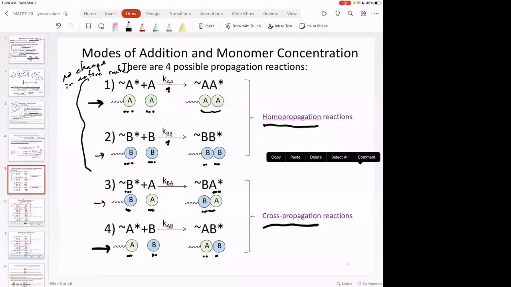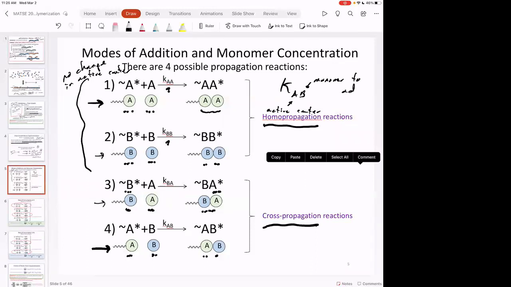So these rate constants, a lowercase k is always a rate constant in this class, mostly, are named for the active center first, followed by the monomer it's going to add. So it's k, A, B. First letter is active center. Next letter is monomer to add.